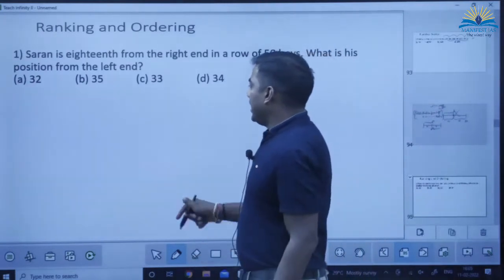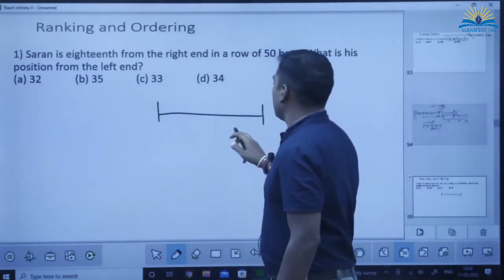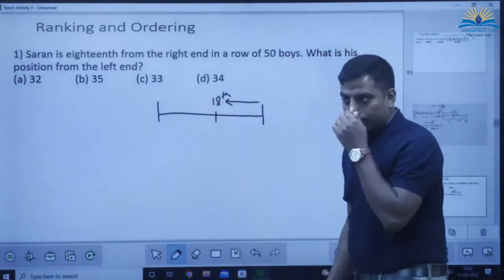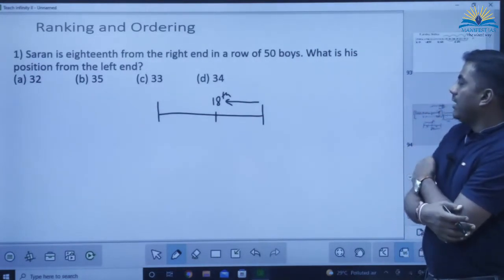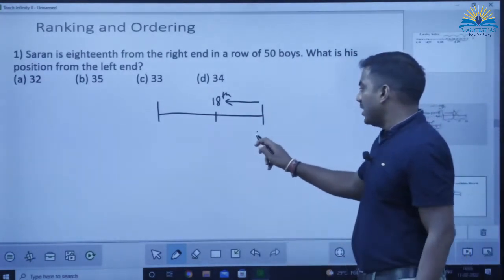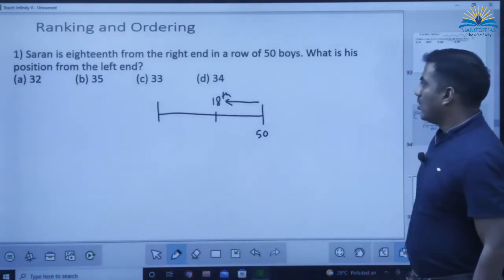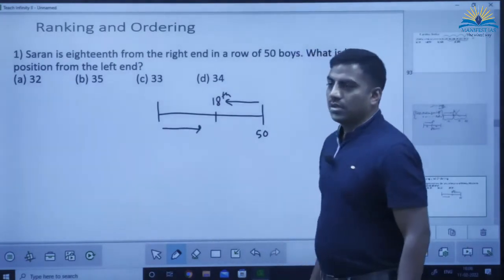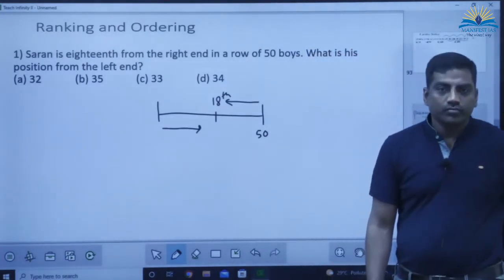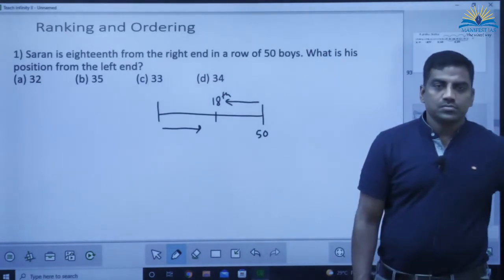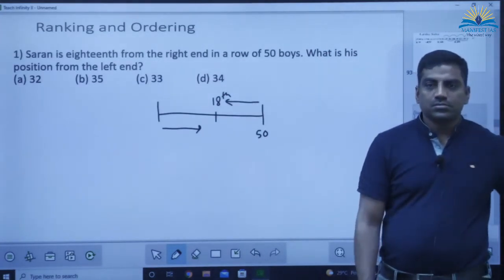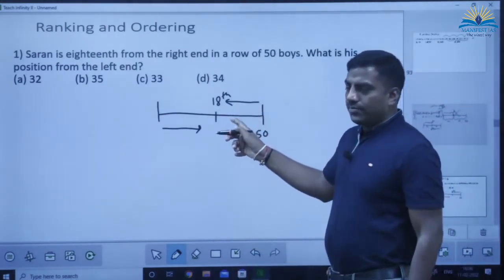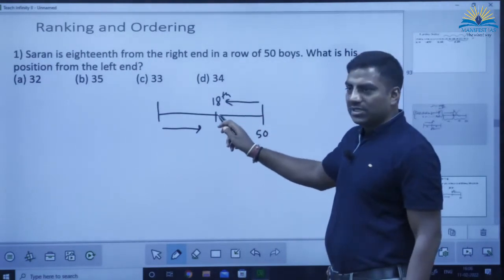Sharan is 18th from the right, in a row of 50 boys. What is his position from the left? Look here. You are counting from right, and there are 18 persons up to this person.